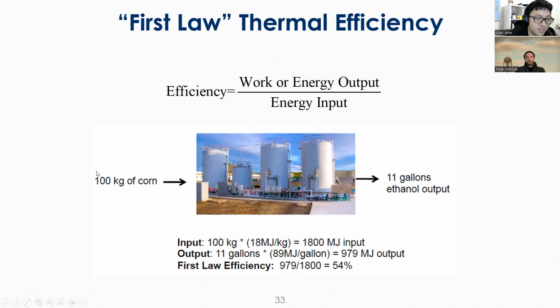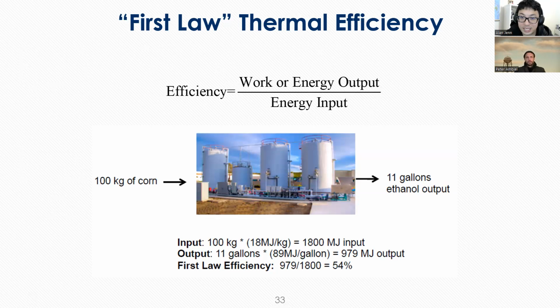In other words, some of the energy content of your corn is lost as it produces your ultimate output of ethanol. And most of that energy is typically lost to things like heat or other byproducts that you won't be able to capture that energy.